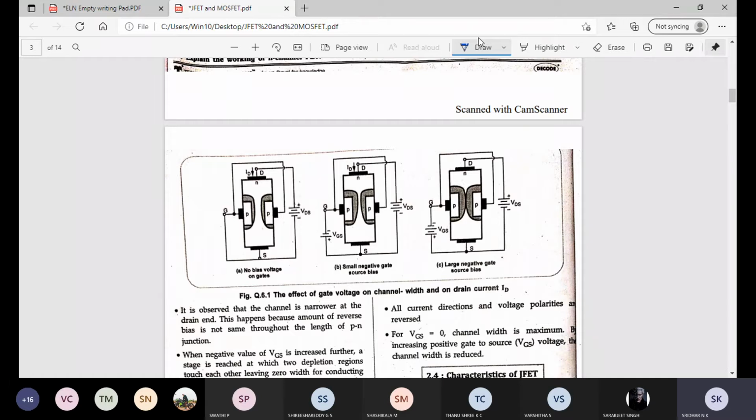Case one is: VGS not applied, and VDS is applied in steps. I'll make you understand what this is. Okay, this is case one.